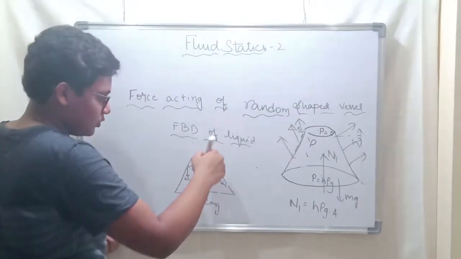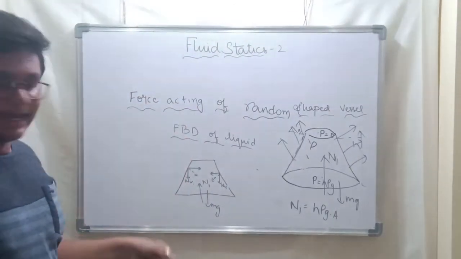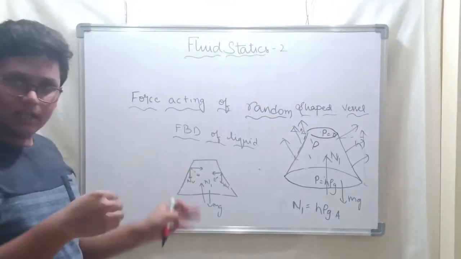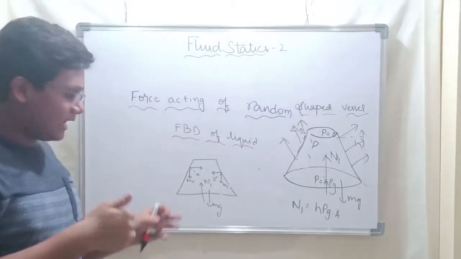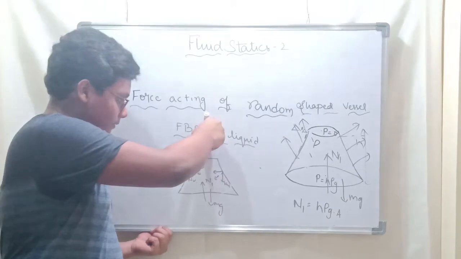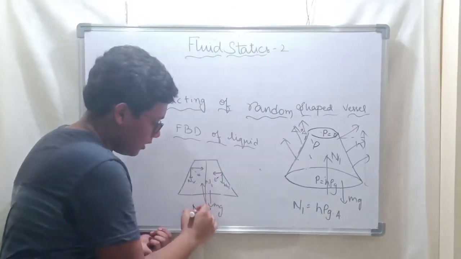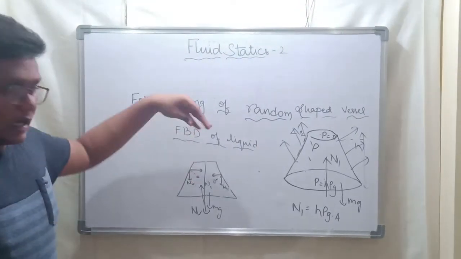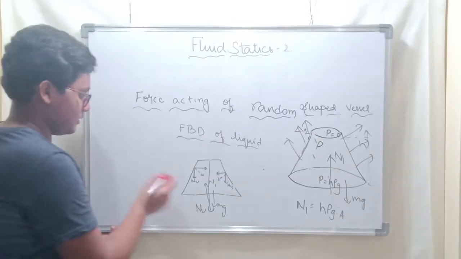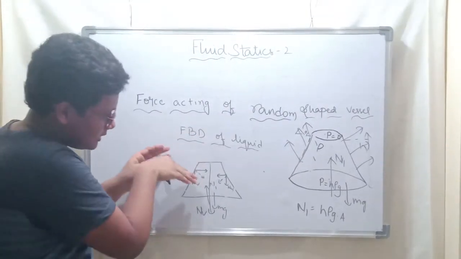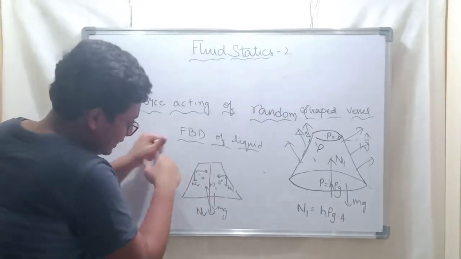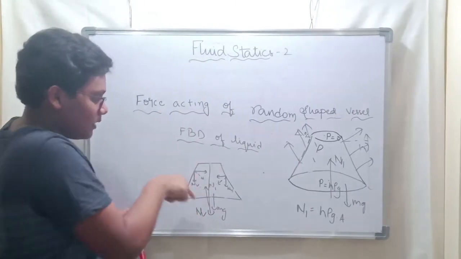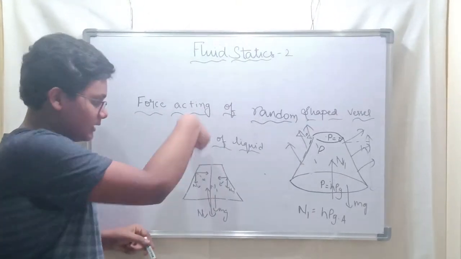NV1, by adding all the resultants of the molecules, NV1, NV2, all those, the total resultant will be downwards. Because we know the resultant is in this direction, the normal resultant will be in this direction.